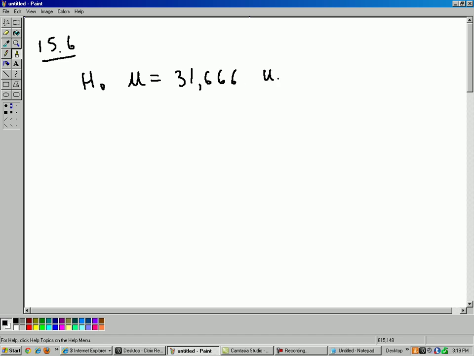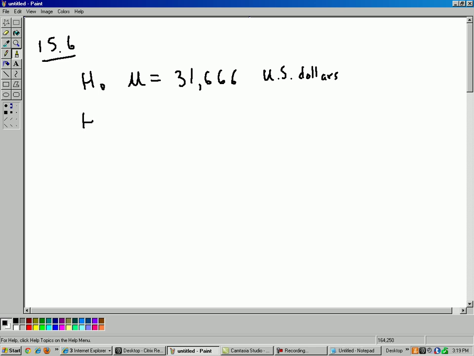That would be US dollars. And that would be the statement that there's no difference, that the people from your high school is the same as the people in the national average as far as income goes.